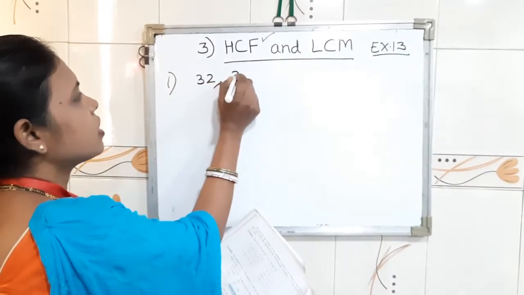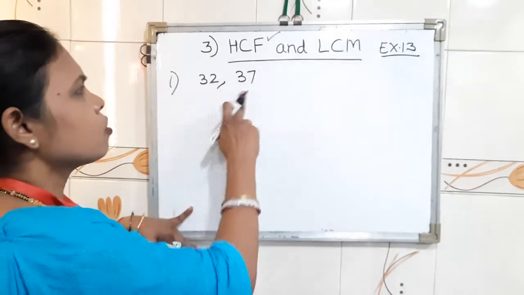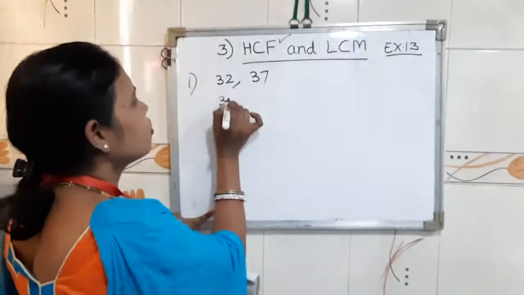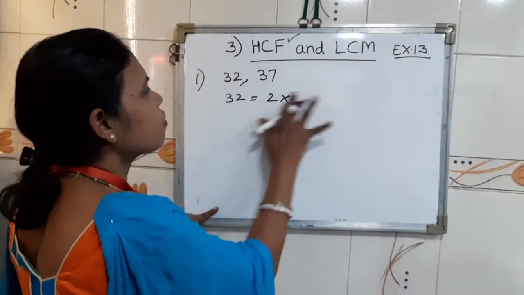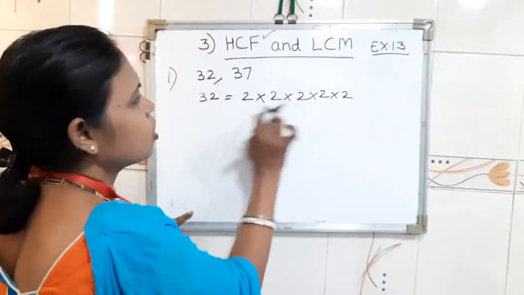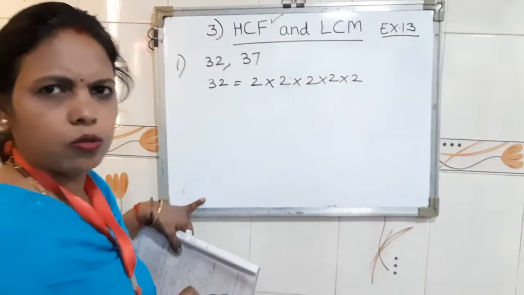32, 37. Now here first we are going to find out HCF. 32 is 2 into 16, or you can write down for 32 we are having factors: 2 2s are 4, 4 2s are 8, 8 2s are 16, 16 2s are 32.